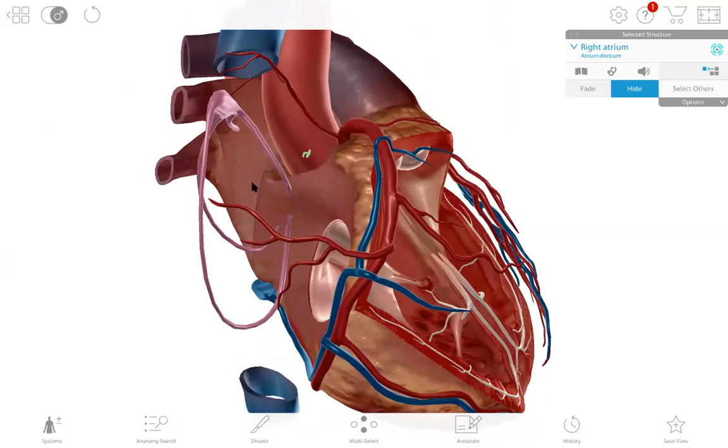Embryologically, it was open, but before birth it should be closed. The septum between the two atria must close, because the right atrium is for deoxygenated blood and the left atrium is for oxygenated blood. They should not be mixing between the two. So the saucer-like depression is called fossa ovale, and its rim is called limbus fossa ovalis.